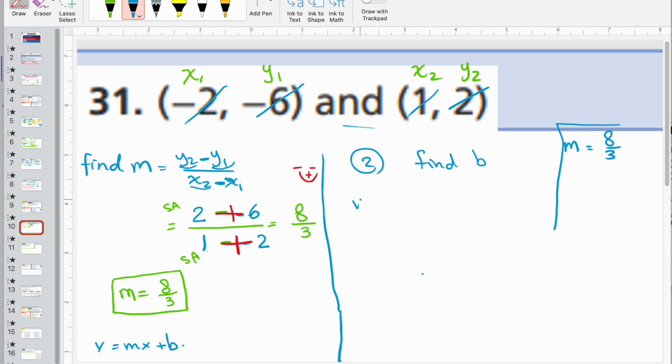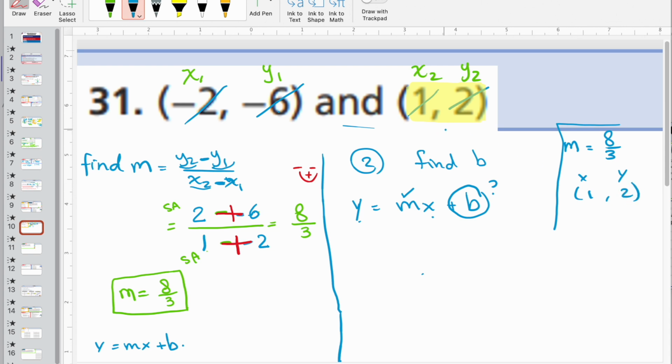I'm going to use my equation of the line, mx plus b, and I'm going to ask myself, b, I don't know what it is. M, I have it. Can I substitute x and y by a value? Yes. I have 2 values actually. Which one should I select? Any of them. And myself, I'm going to use 1 and 2 as my x and y.